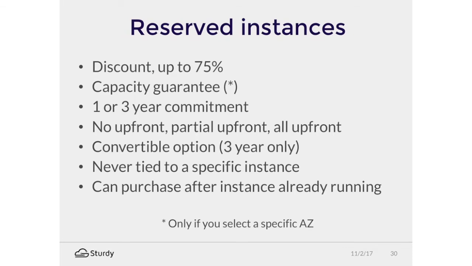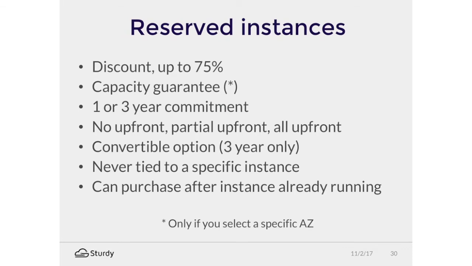Instead, it's more of a logical concept, meaning if I have 5 reservations for M4 large, and I'm running 7 M4 large instances, 5 of those 7 will get the discount benefit of the reservation, and the other 2 will not. So which 5 it is doesn't matter. I could shut down the one that's currently getting the reservation credit, and another one will get the reservation credit.